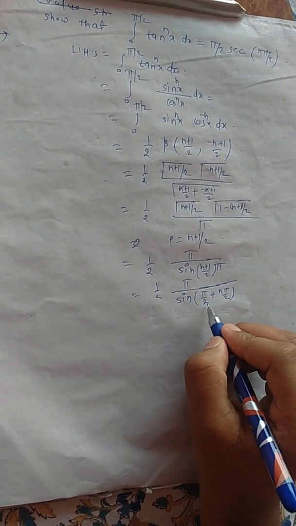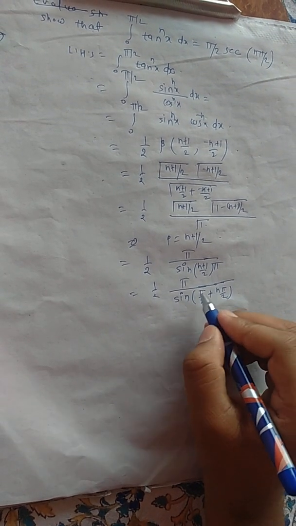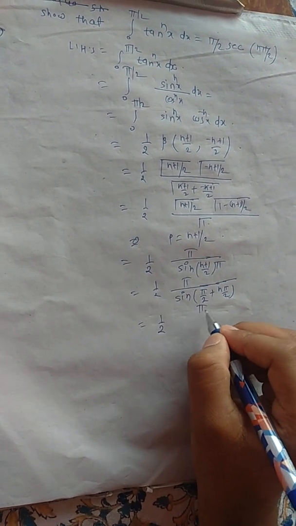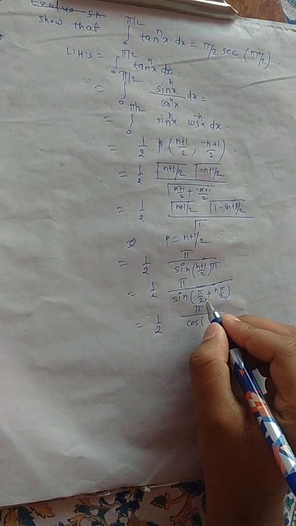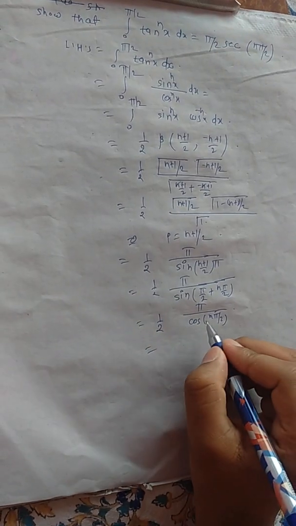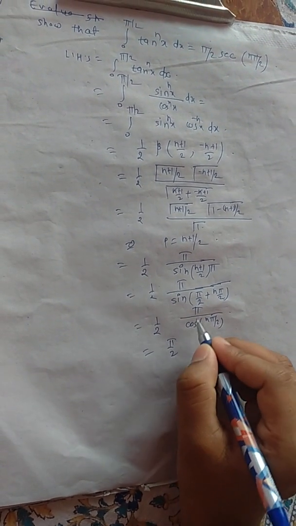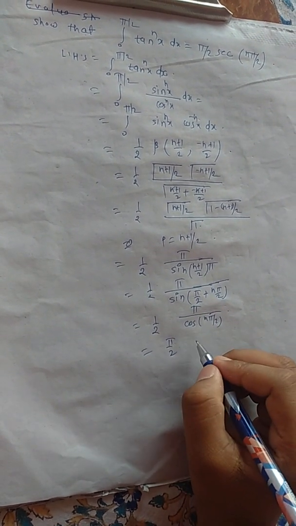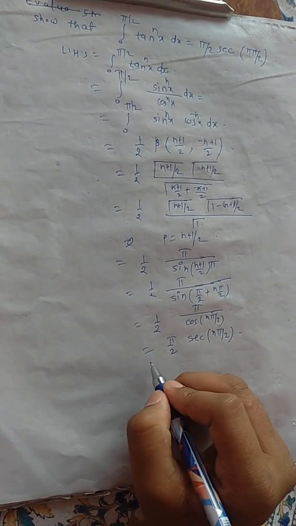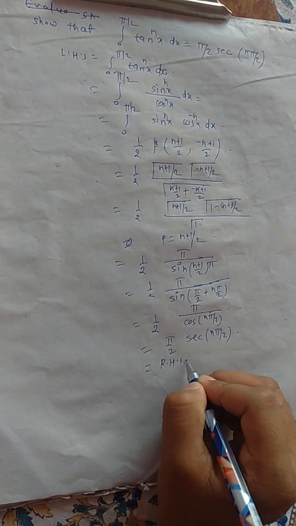Sine of pi by 2 plus theta is cos theta, we already know, so 1 upon 2 pi upon it becomes cos n pi by 2, which is equal to pi by 2 as it is, and 1 upon cos is sec n pi by 2, and this is equal to RHS.